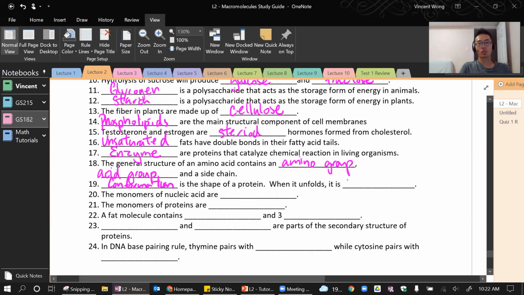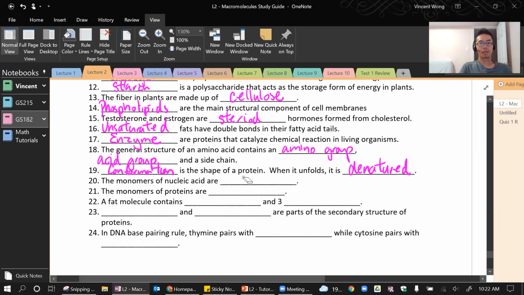When it unfolds, it is denatured. The monomers of nucleic acids are nucleotides. And the monomers of proteins are amino acids. 5 types of nucleotides, 20 types of amino acids.